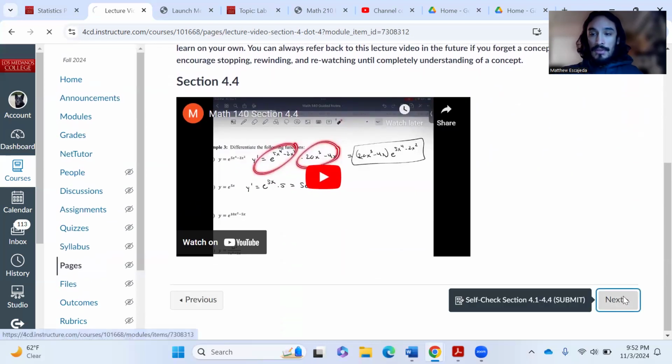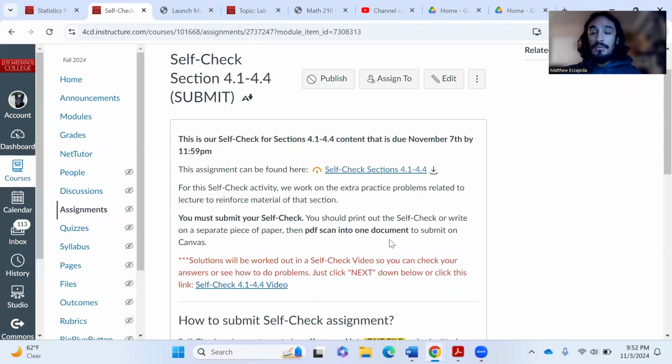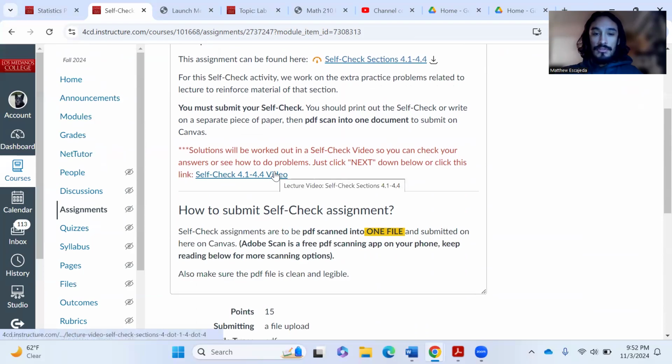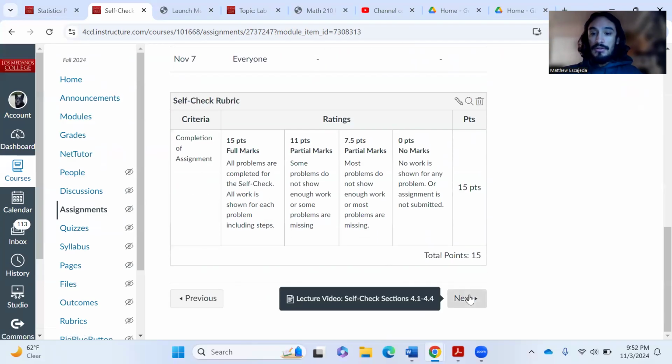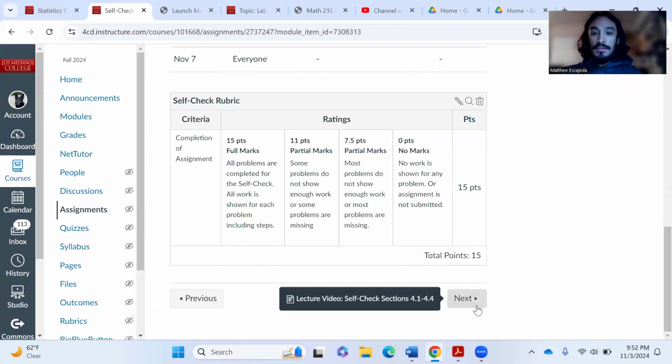And after that, as always, is our self-check assignment. So self-check is about 4.1 through 4.4. So make sure to submit that assignment here. And if you're having trouble, there's a self-check video for this whole assignment if you need help doing the problems. And you can click on that link right here, or you can just click the next button down below.